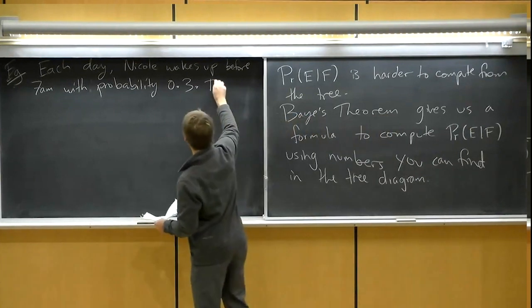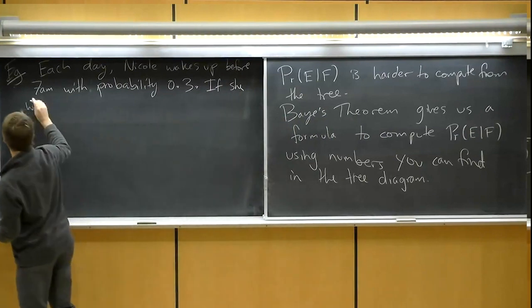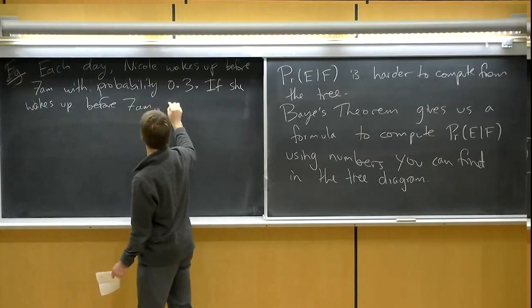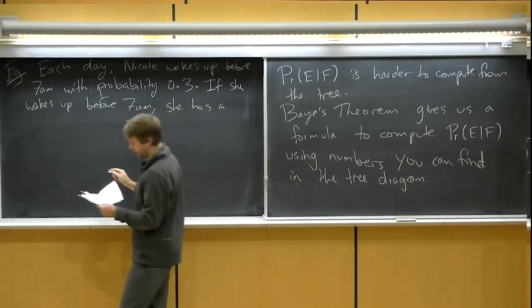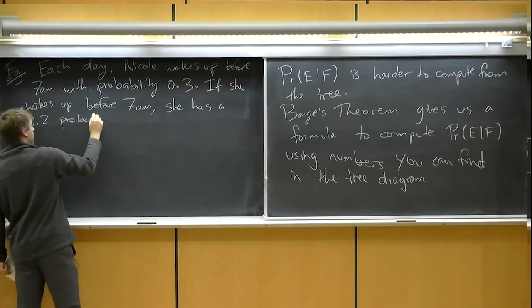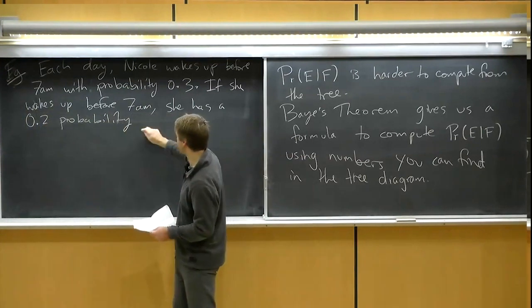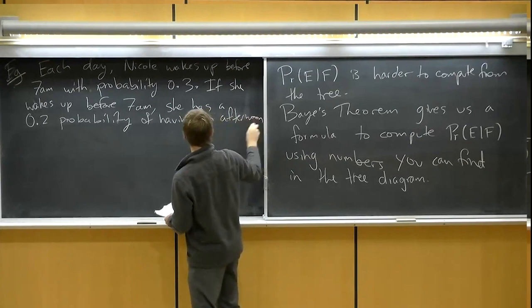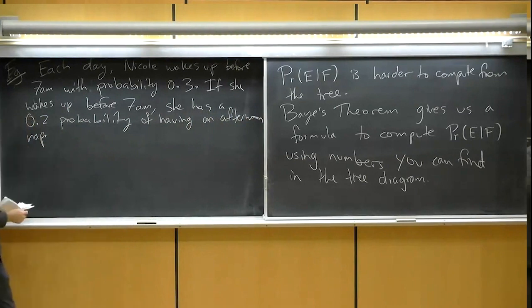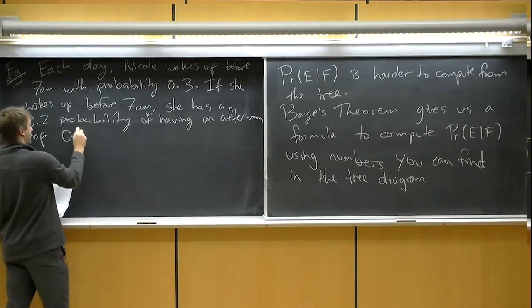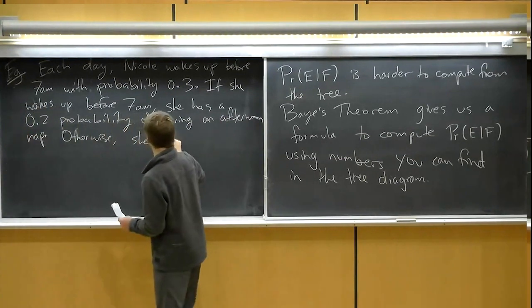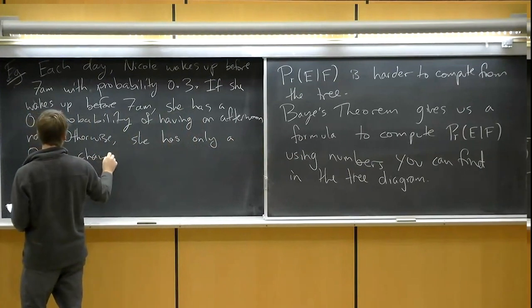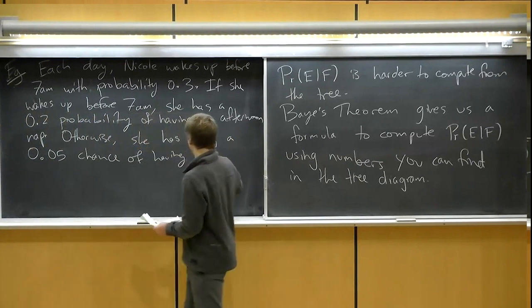If she wakes up before 7 a.m., she has a 0.2 probability of having an afternoon nap. Otherwise, if she wakes up after 7 a.m., she has only a 0.05 chance of having an afternoon nap.